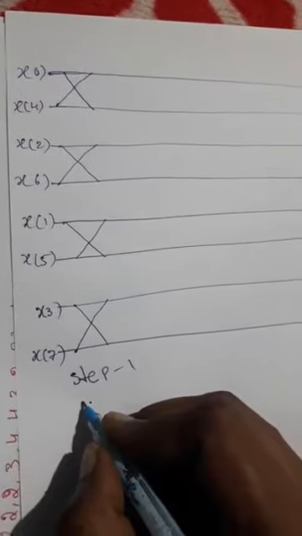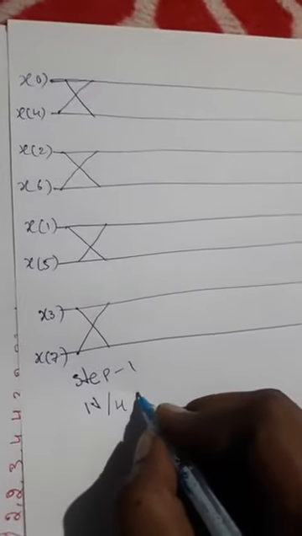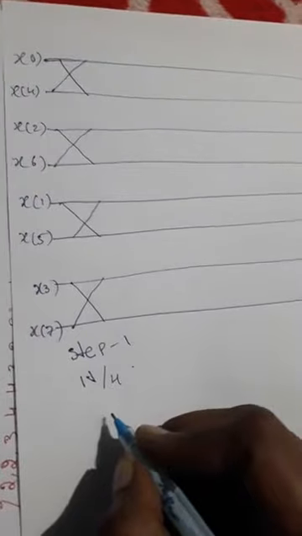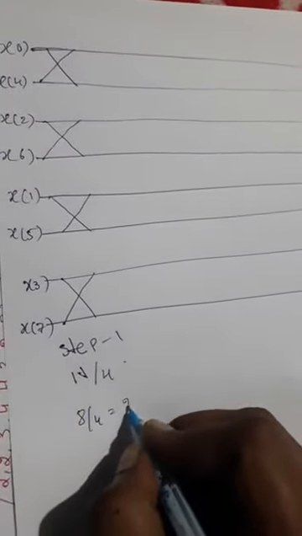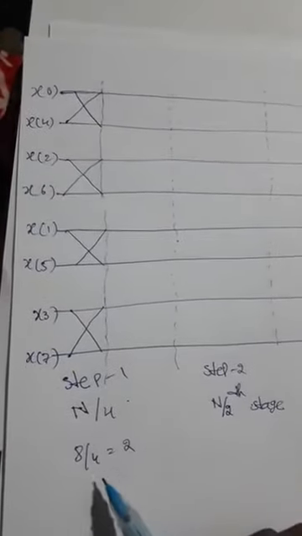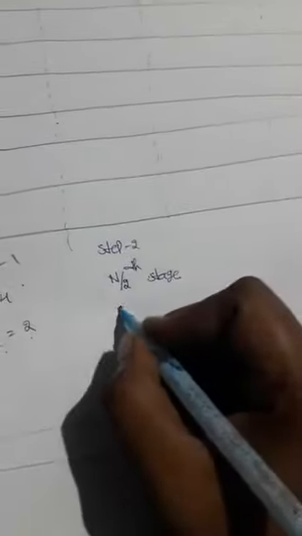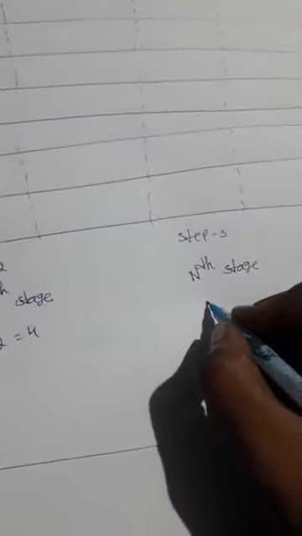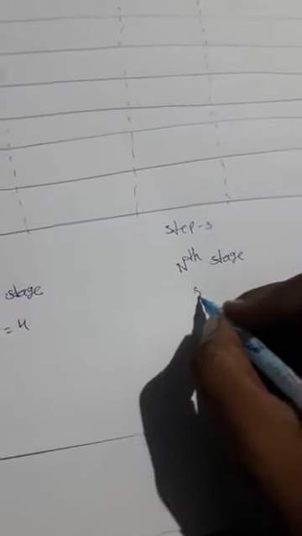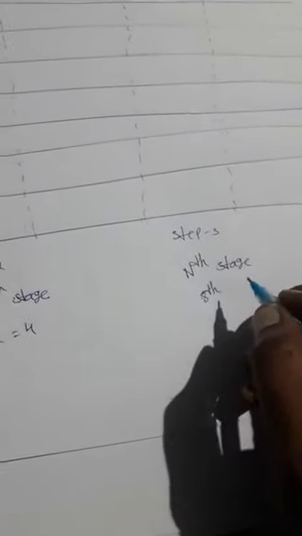This step 1 stage is the N by 4 stage, that is 8 by 4, which is 2. Step 2 is the N by 2 stage, that means 8 by 2 equals 4. And step 3 is the Nth stage, that is 8, totally 8 elements, 8 outputs.